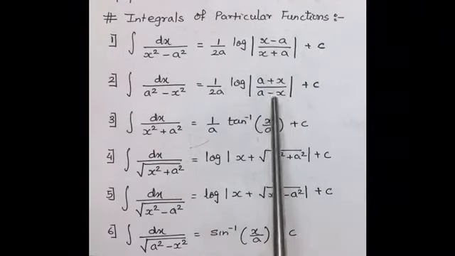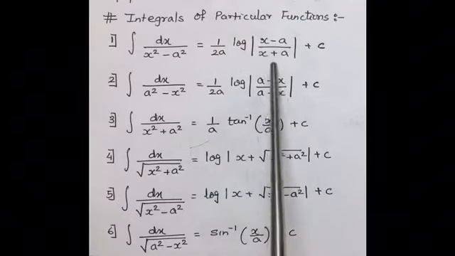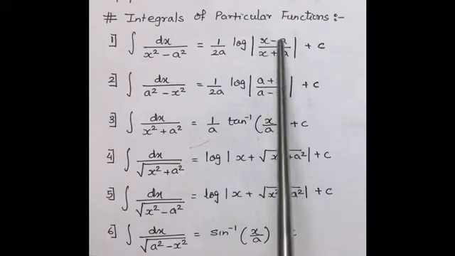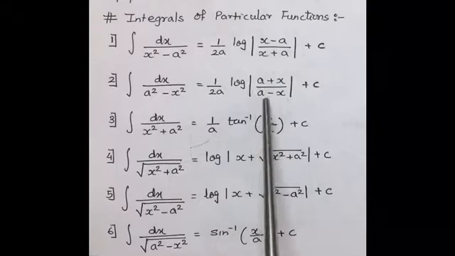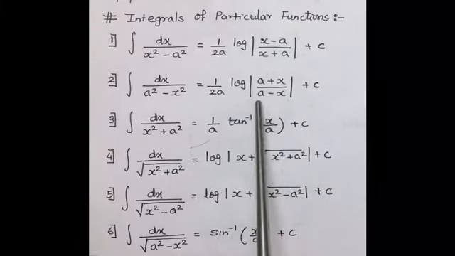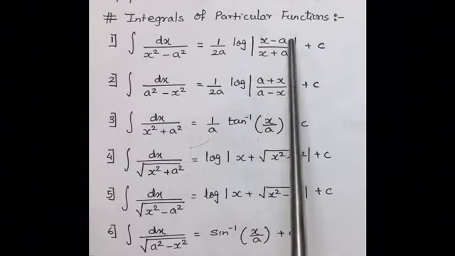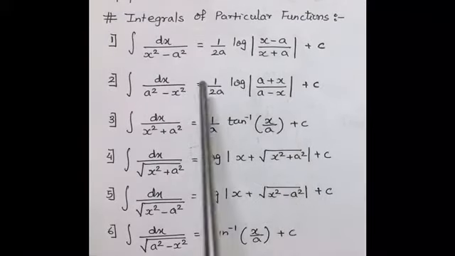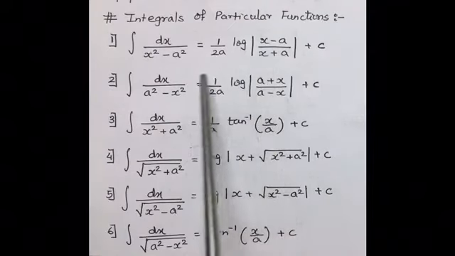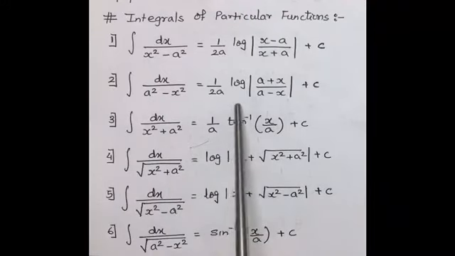There are only minor changes in both these standard integrations. a plus x will go up and a minus x comes down. That means the constant is to be taken first, we just interchange constant and x, and the term which is written up goes down and the one which is down goes up. Like that, the integration of 1 upon a square minus x square has its standard integration.